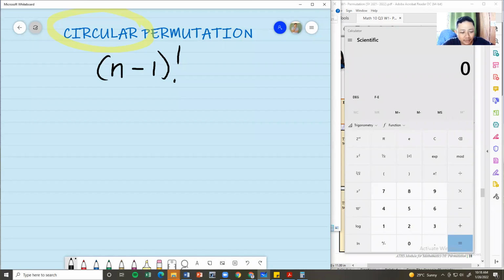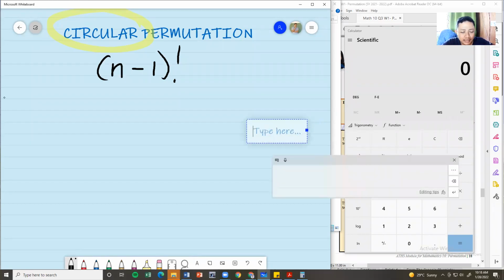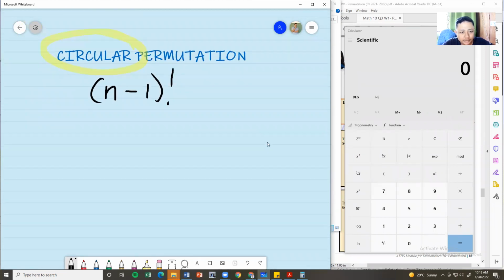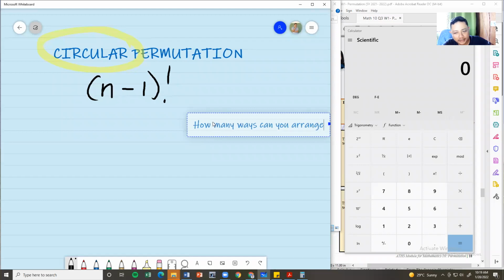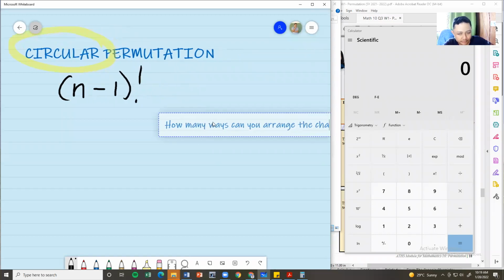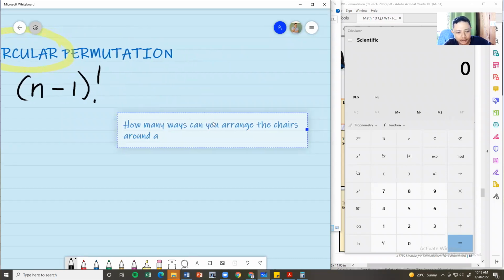So how is that? For example, let's take this as our practice. How many ways can you arrange the chairs around a circular table?